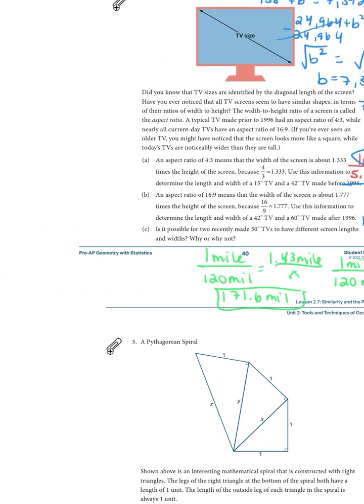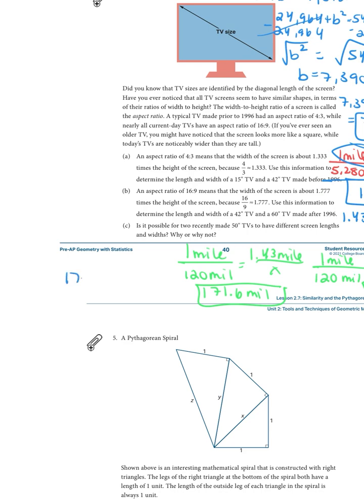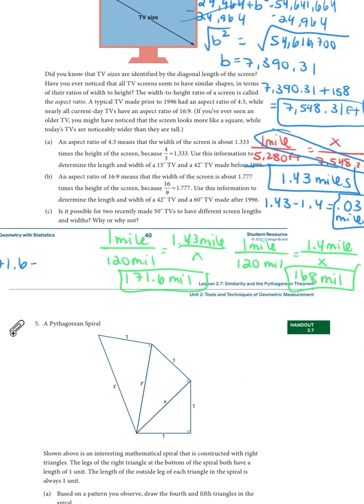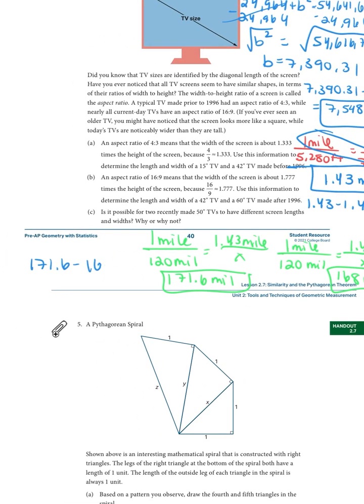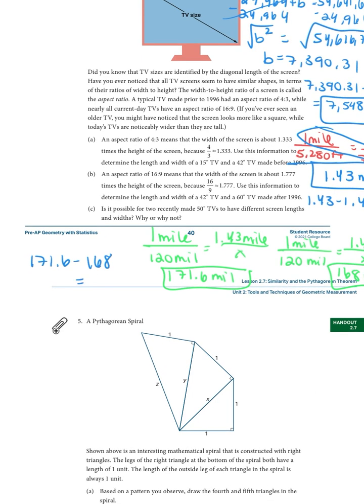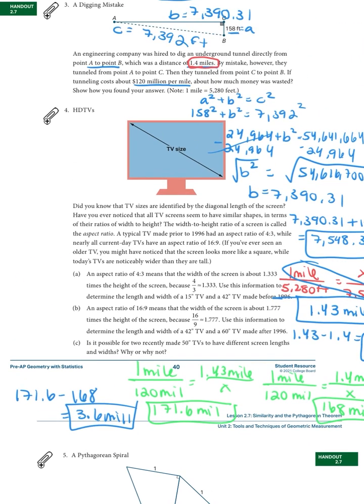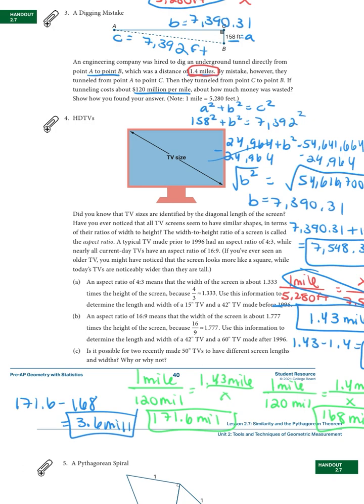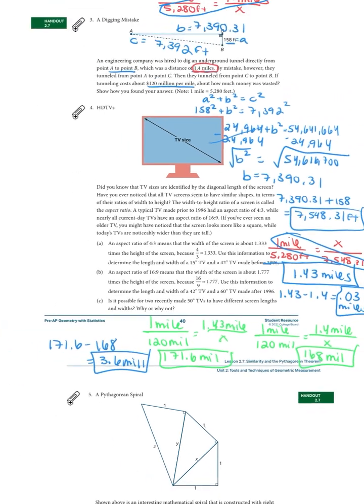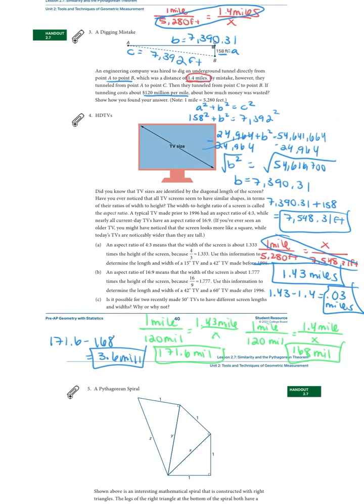So I do 171.6 minus 168, and I get 3.6, and this is millions. So they went over by 3.6 million. That's how much money was wasted. Okay, hopefully that one made sense.